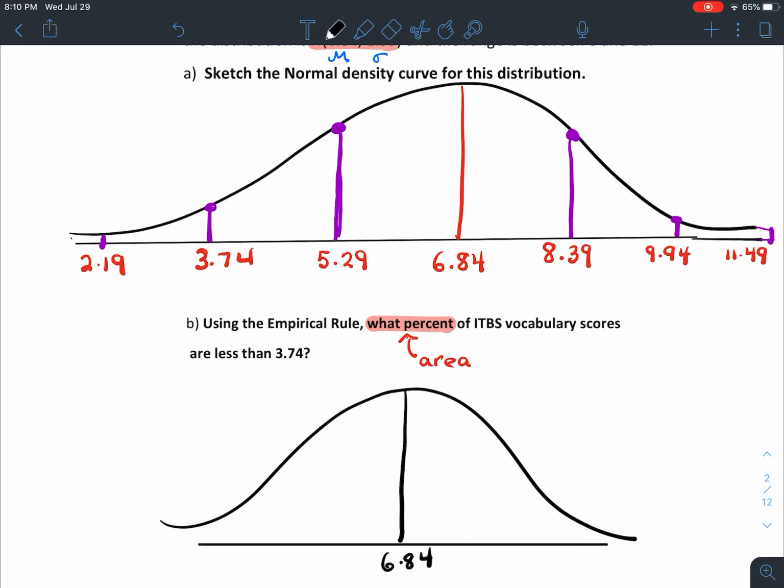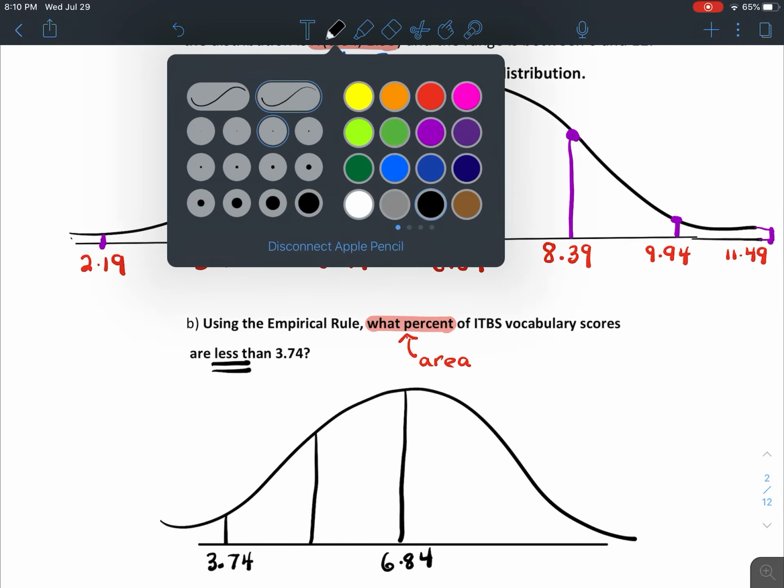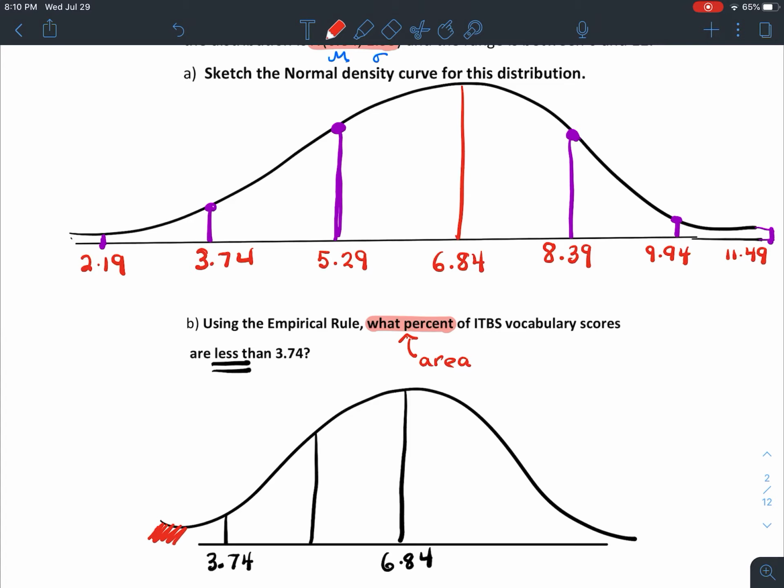I do want to put the mean down the center, and when it says less than 3.74, it's talking about this part right here, going out 2 standard deviations to the left of the mean. So you want to mark that off, and shade all the area that's less than 3.74.